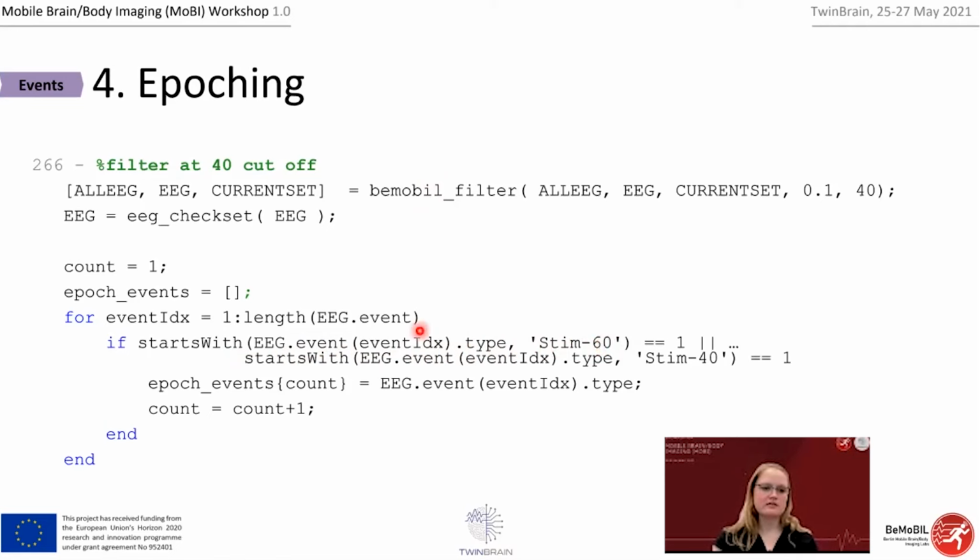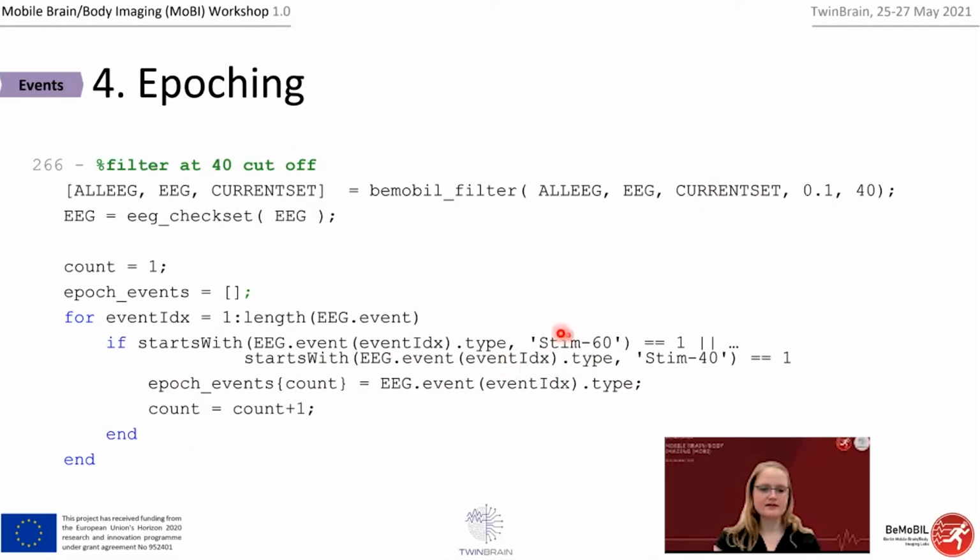So we can use these code lines that are also in the file that I share with you. We did the epoching for the ERPs, this filtering, and then we just cut the epochs around those events.